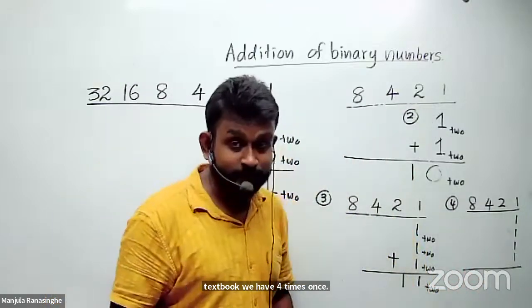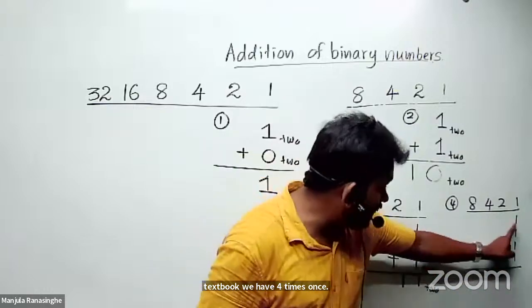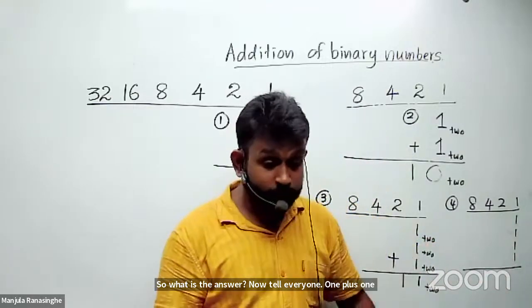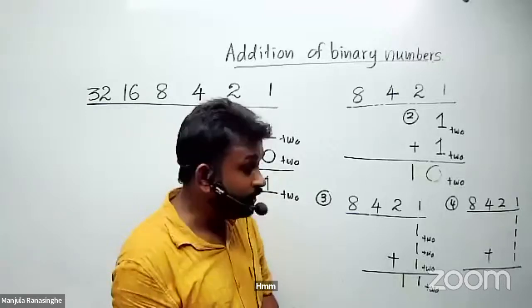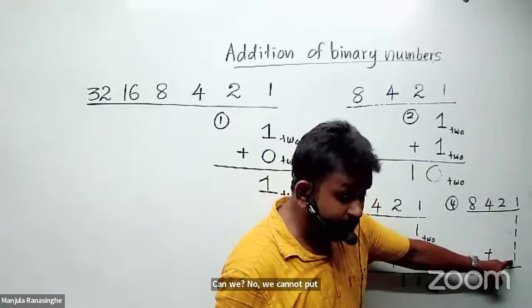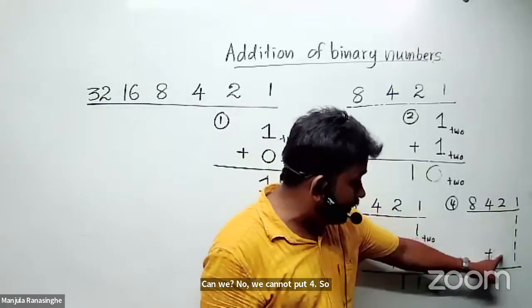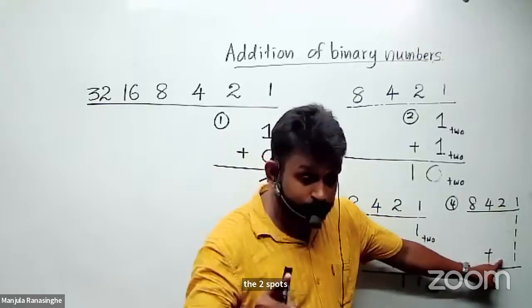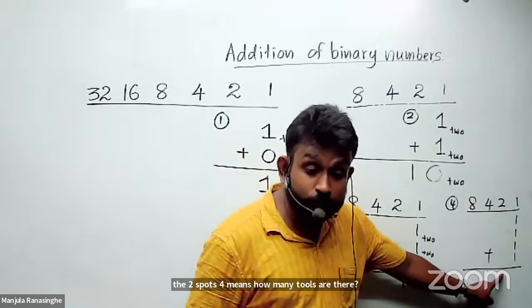Now tell everyone. 1 plus 1 plus 1 plus 1 means 4. Can you put 4 there? No, we cannot put 4. So 4 means we can bring it to the twos part. How many twos are there in 4? 2 twos. But can you put 2 twos there?